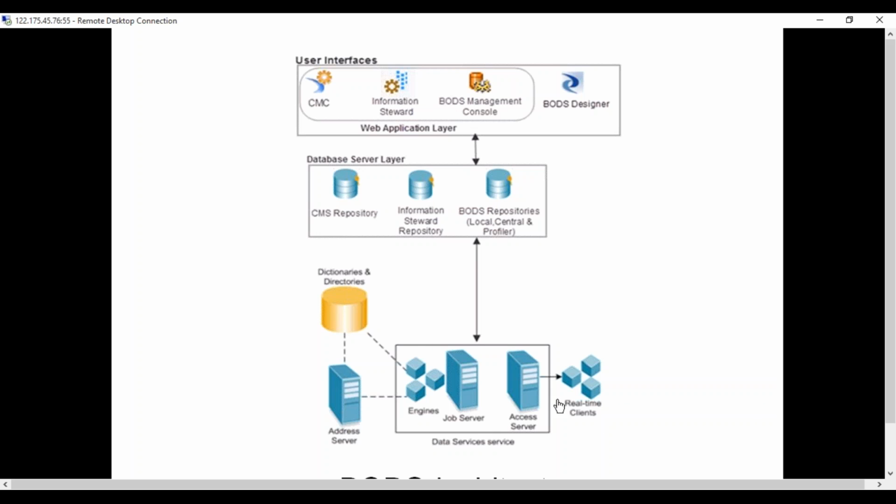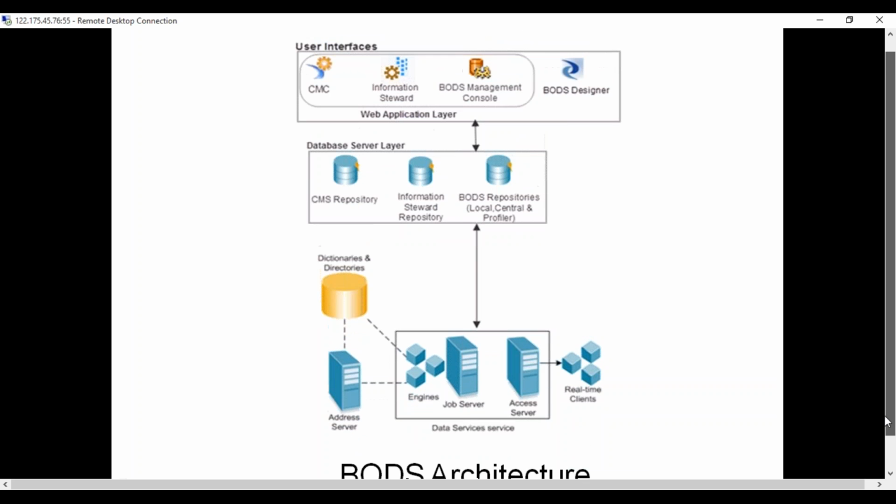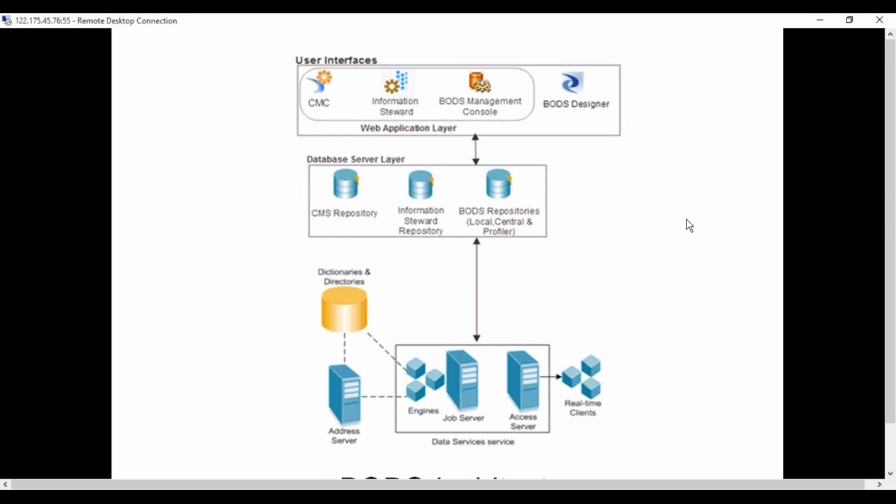A real-time job keeps running 24/7 on the server, and whenever a user requests something, suppose on a web URL, if an end user searches with a customer number, this real-time job will receive that number, retrieve the details from the database, and send back the results to be displayed on that web page. So this is the overall BODS architecture.